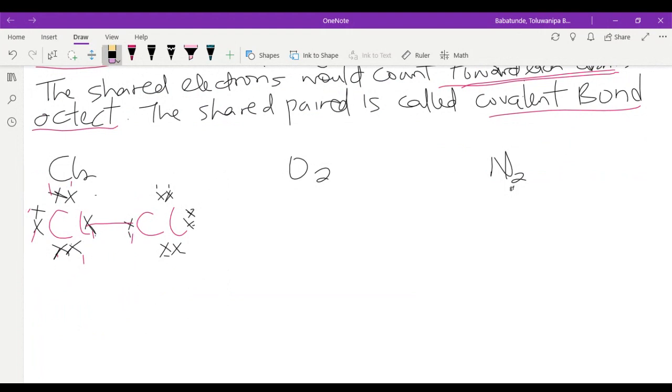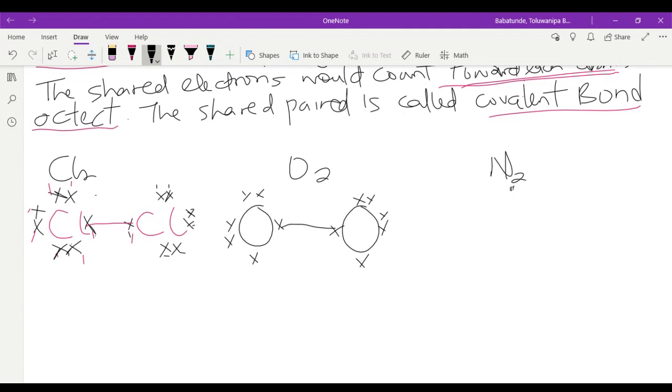All right. So for oxygen, we have 2 oxygen atoms like this, and each of them has 6 valence electrons, which we are going to distribute this way: 1, 2, 3, 4, 5, 6. And this also has 6 valence electrons. Okay. So we're going to make the first bond.